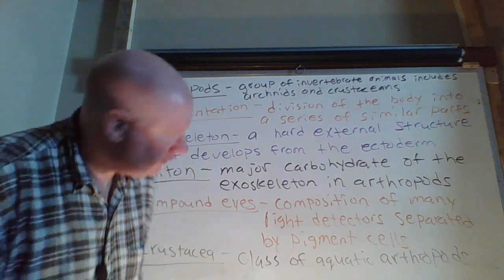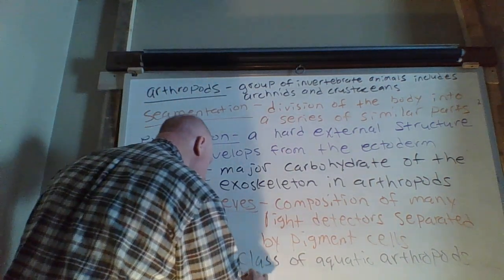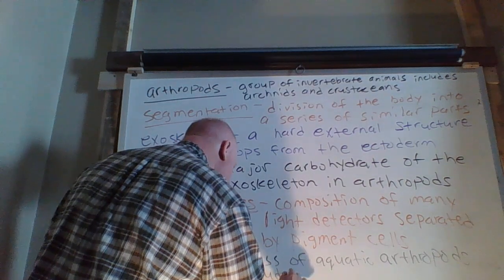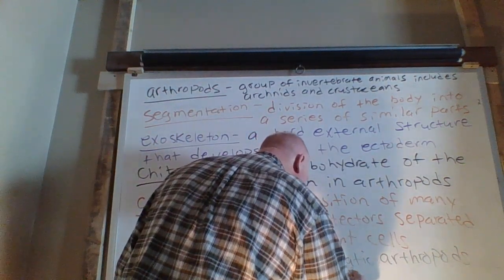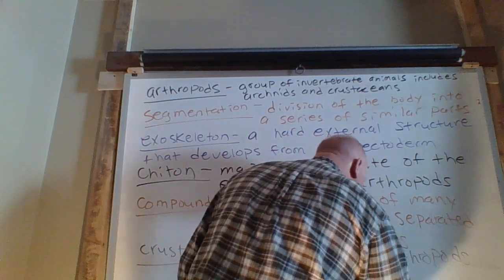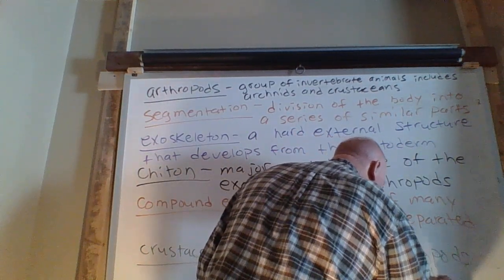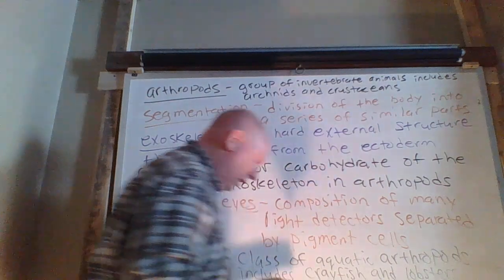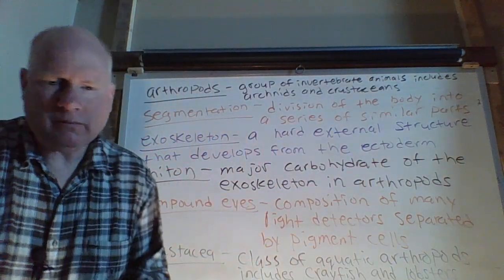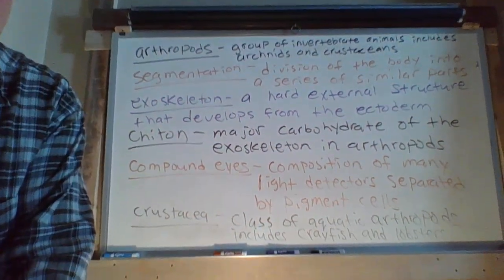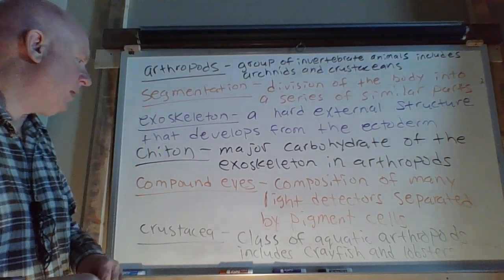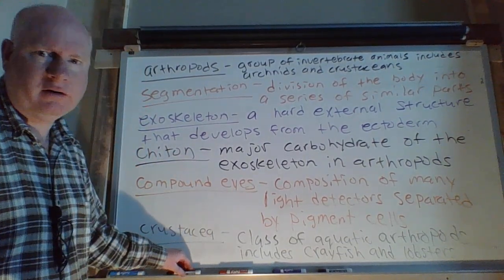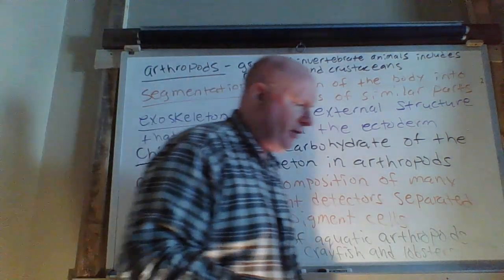Includes crayfish and lobsters. Okay, so maybe tilt that down just a little bit, where it says a class of aquatic arthropods includes crayfish and lobsters. Okay, so that's about 13 minutes.